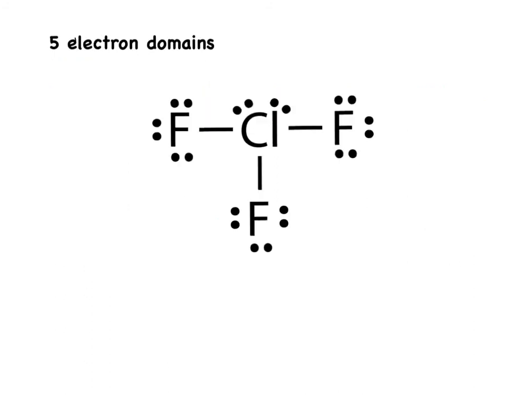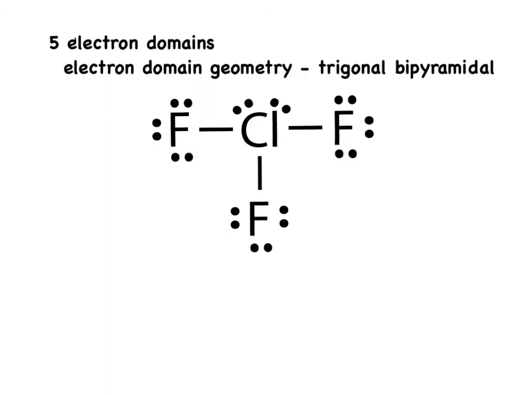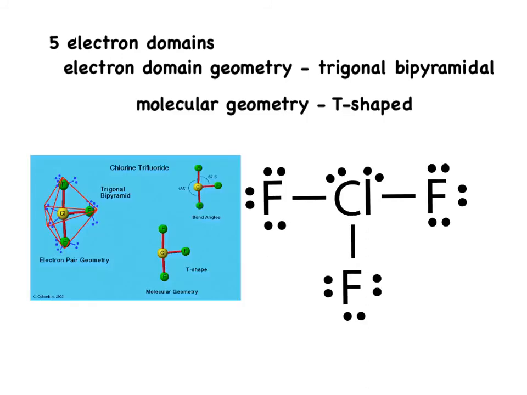Chlorine trifluoride also has 5 electron domains, 3 that are bonded and 2 non-bonded pairs. And so, with 5 electron domains, chlorine trifluoride will have an electron domain geometry of trigonal bipyramidal, but the 2 lone pairs on the chlorine atom are going to give us a molecular geometry that is T-shaped.